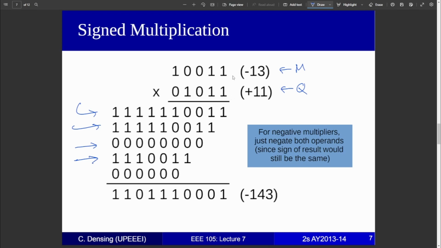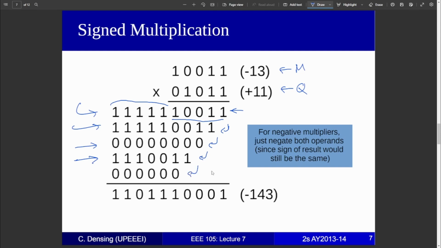So basically here you have negative 13 times 1 for the first partial product. You have 10011 over here, which is normal, but then you have a string of ones all the way to the end of the products. Then you just continue that down the line.